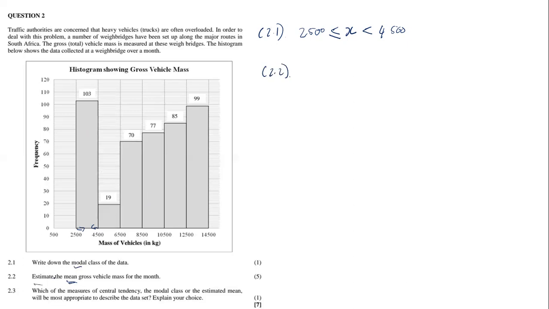We get the estimated mean, because this data is grouped in intervals. So how do we determine the mean in this kind of data? Here you're going to have to open up a table, okay? For 5 marks, you're going to have to know how to open up a table. So your table, you're going to have the interval, okay?